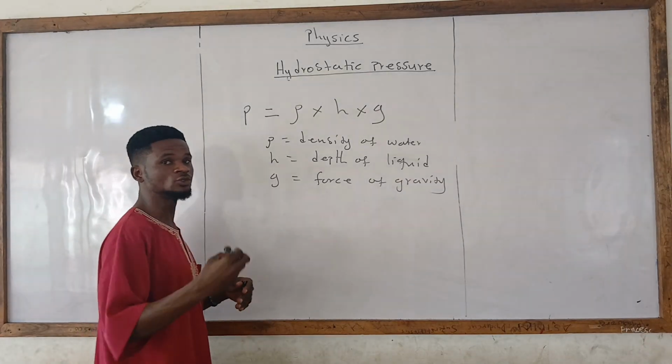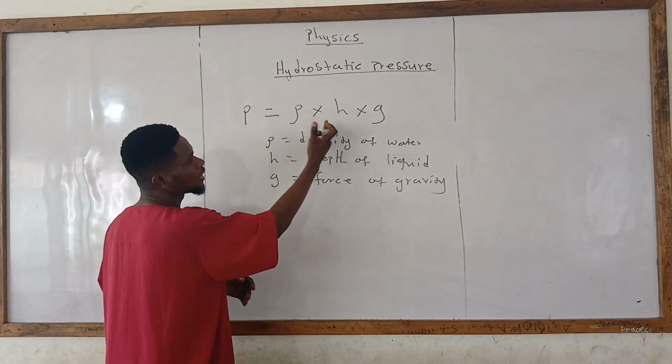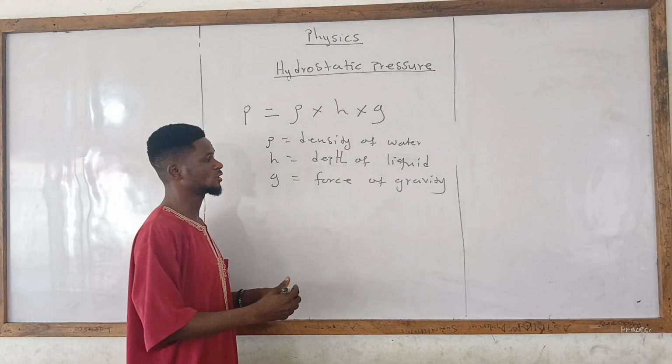Now we said hydrostatic pressure is always equal to density times height times the gravitational force.